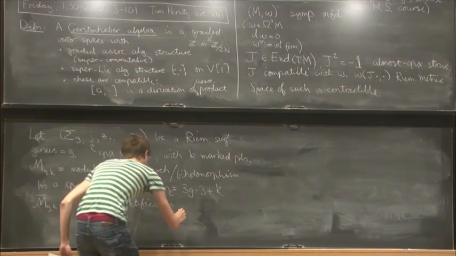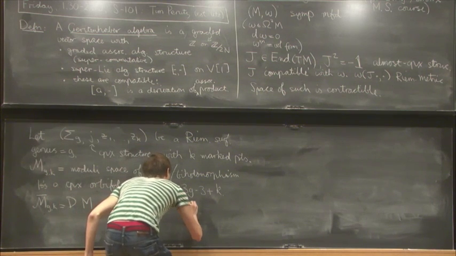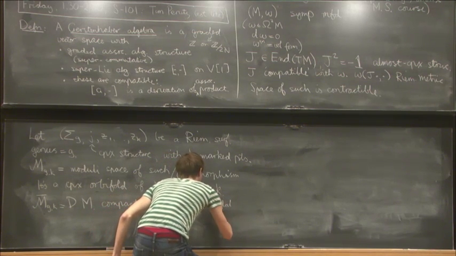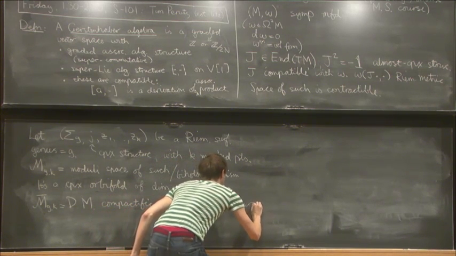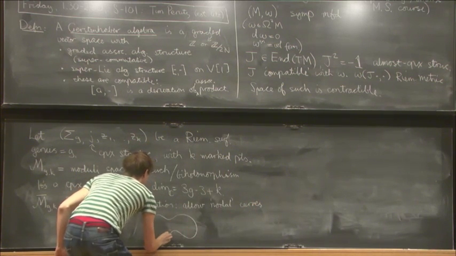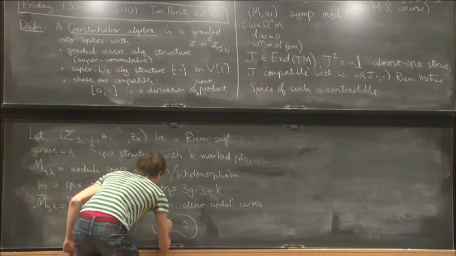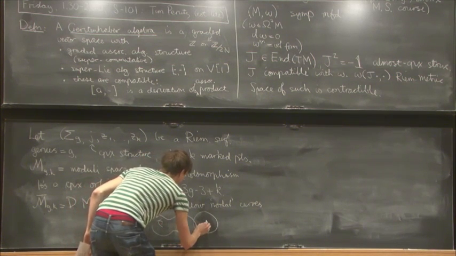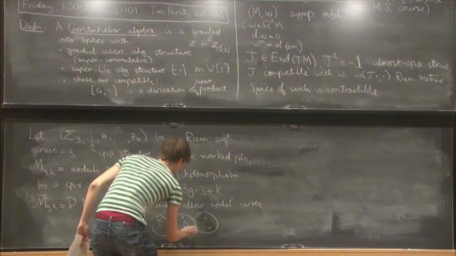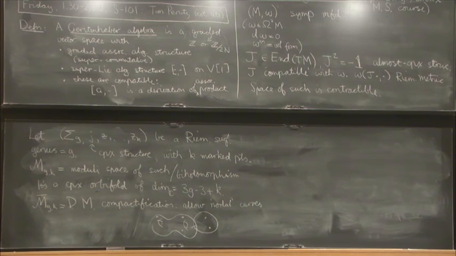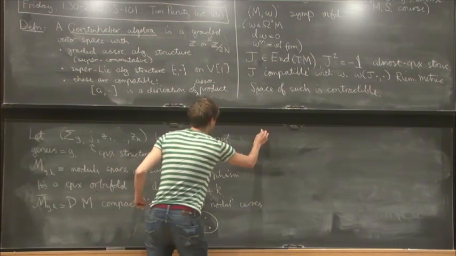And what this basically means is we include nodal Riemann surfaces. So for example, you might have some genus 2 curve with a bunch of marked points, and then another sphere bubbling off and a node at this point here, something like that.